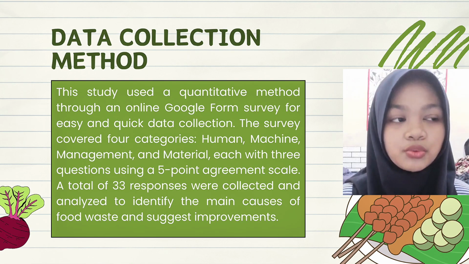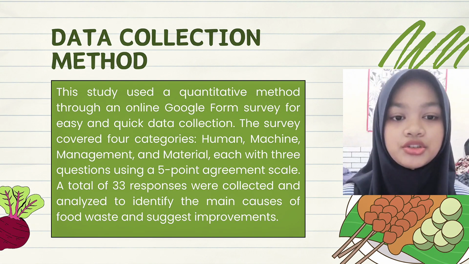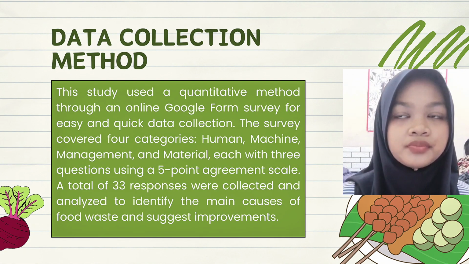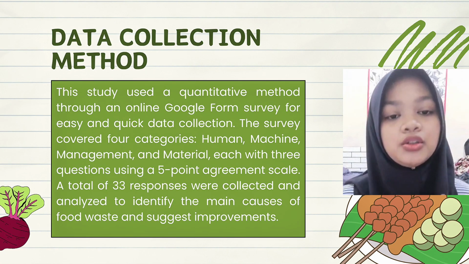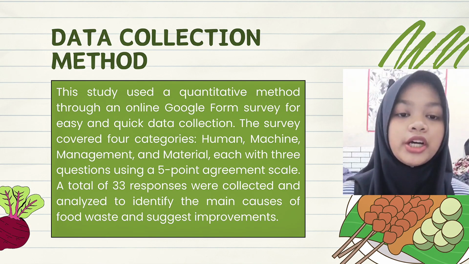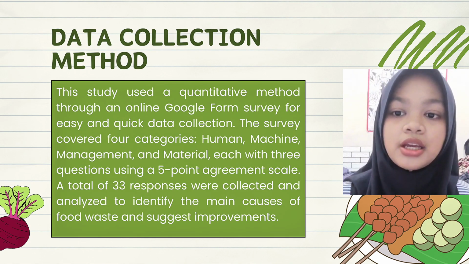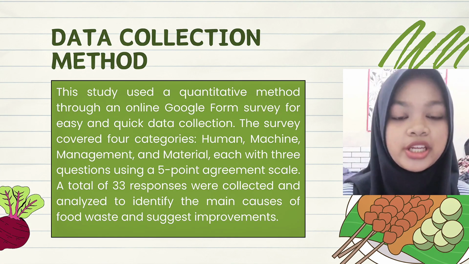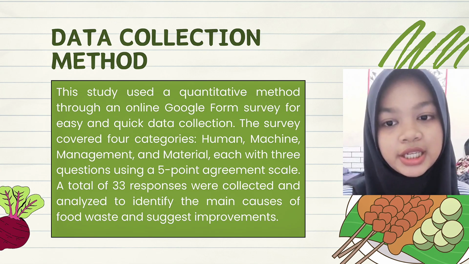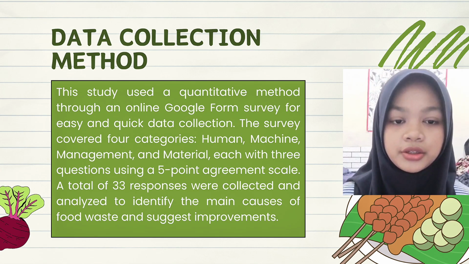For each category, we have 3 questions, and it uses a 5-point agreement scale: strongly agree, agree, neutral, disagree and strongly disagree. We got a total of 33 responses, and we analyzed the data to identify the main cause of the food waste, and we will suggest a green innovation to help the problem.